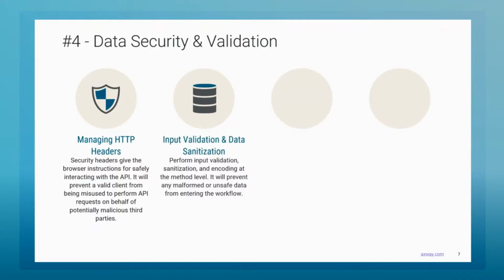Point number two is input validation and data sanitization. It goes a step further from web application firewalling, where you, as the person who understands the logic and the usability of your API, should implement checks on all the input parameters and the payload.